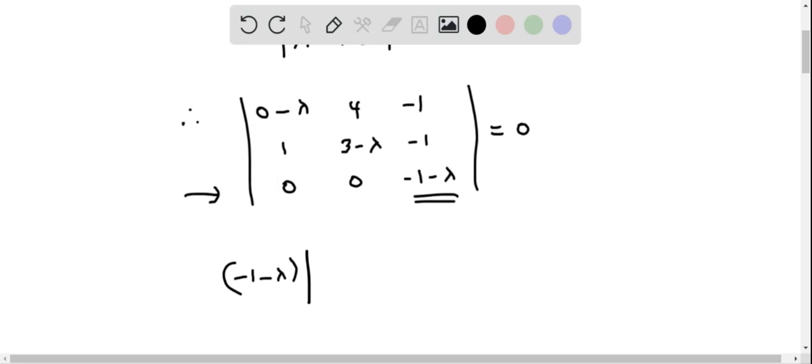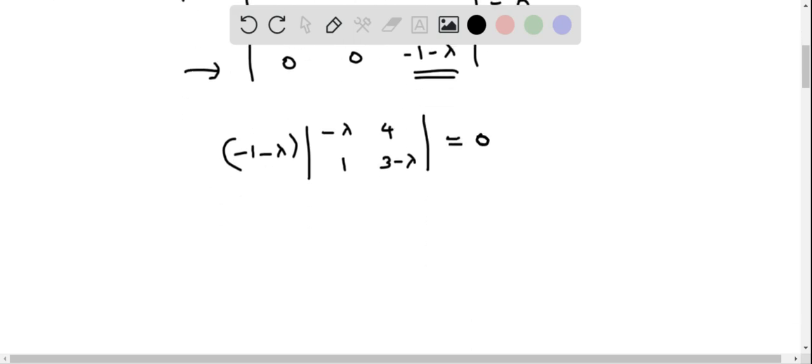When I do that, I will get 0 minus lambda, which is negative lambda, and then 4 and 1 and 3 minus lambda. So we get a 2 by 2 determinant, and this equals 0.